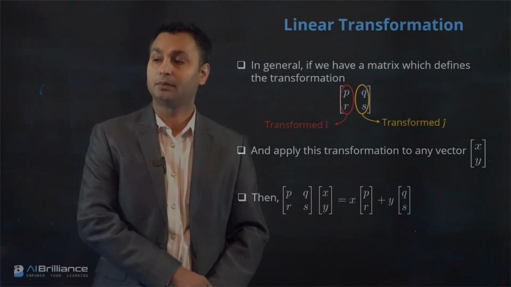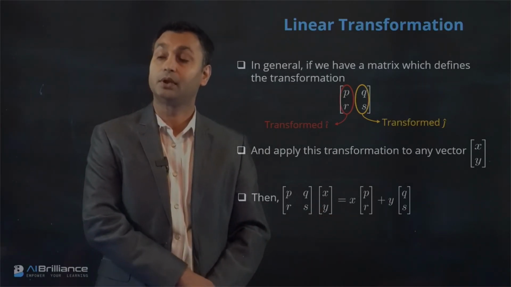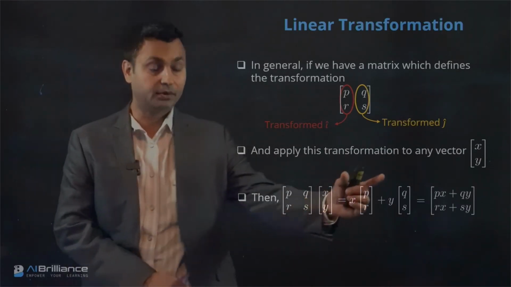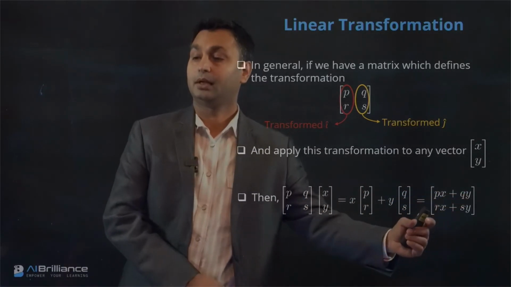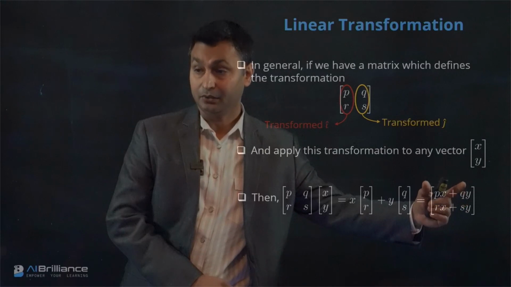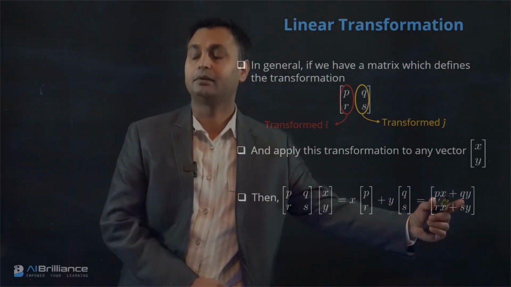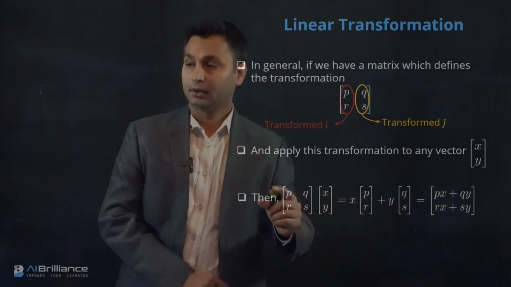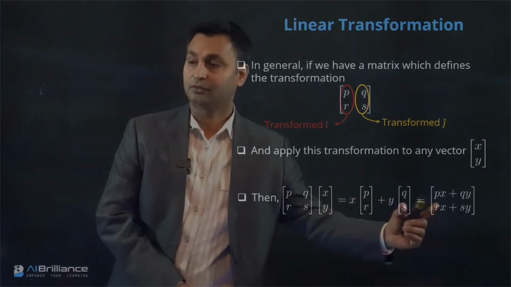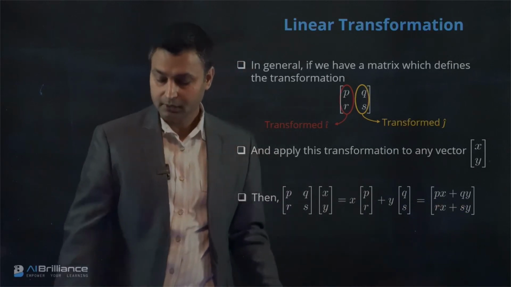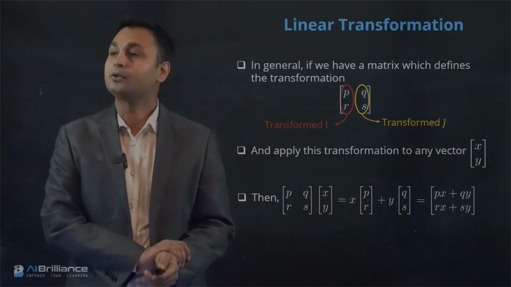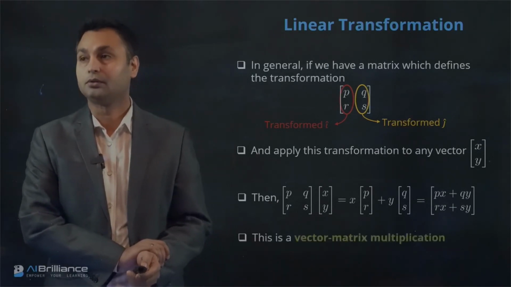You take x and multiply it with the first column, you take y and multiply it with the second column, and then you add them up and you get px plus qy and rx plus sy. So this (x, y) has been transformed, and this is also a 2-element vector, using the numerical aspects embedded in the matrix to transform (x, y) into a new vector. That is what linear transformation geometrically means.